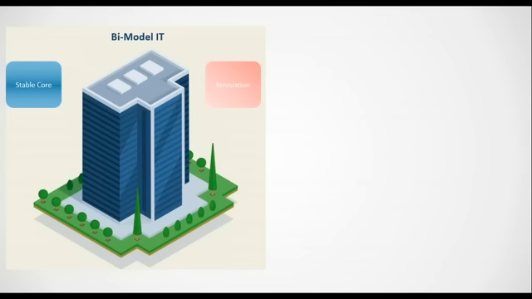The first mode is the so-called stable core mode or stable mode. In stable mode, let's say you are running your ECC system or your S/4HANA system, that's your ERP. You don't want a downtime in that space, because production downtime is very costly and should be avoided in any case, because the company cannot afford to lose the business.